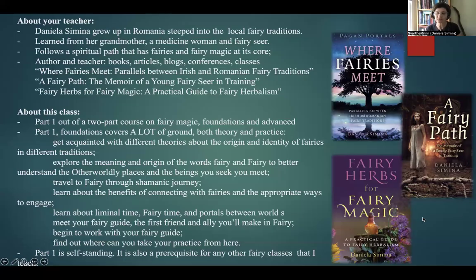And I'll talk more about fairies. I just want to make it clear from the very beginning, we're not talking about cute, cartoonish characters, childish, I mean, infantilized, as portrayed in children's books or on postcards. This is not what we're talking about here.